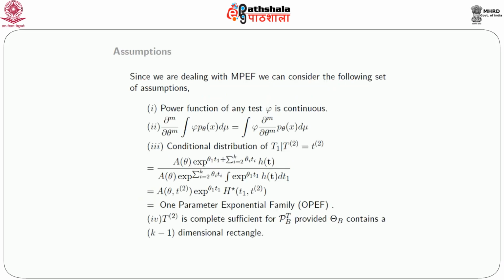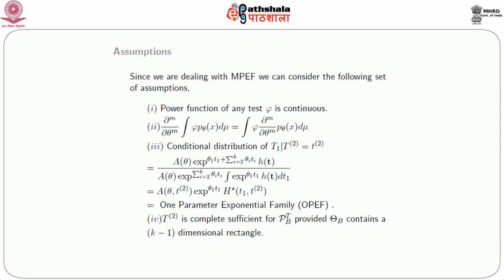Since we are dealing with multiparameter exponential family, we can consider the following set of assumptions. Number 1, the power function of any test phi is continuous. Number 2, del to the power m by del theta to the power m of integral phi p theta x d mu is equal to integral phi del to the power m by del theta to the power m p theta x d mu.